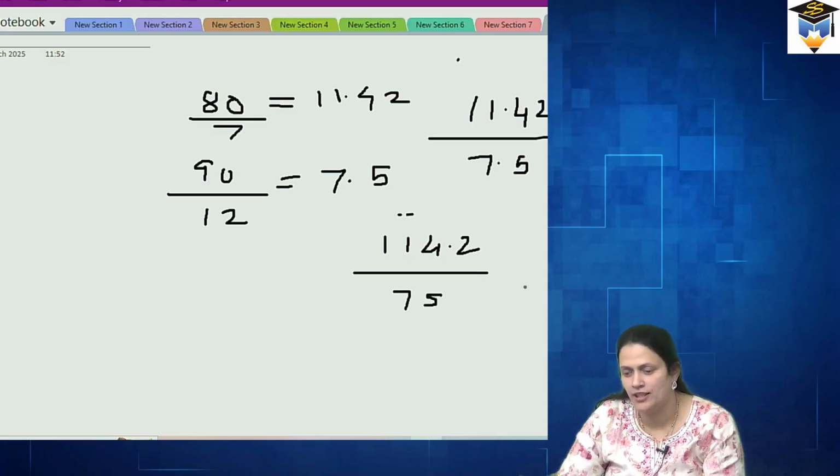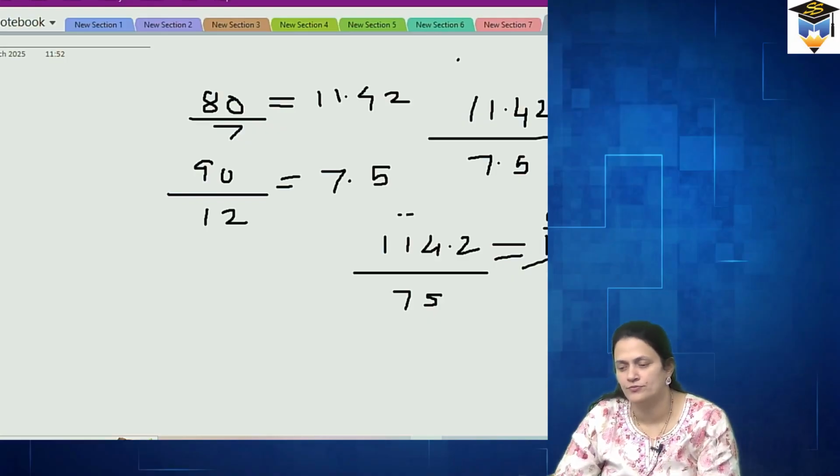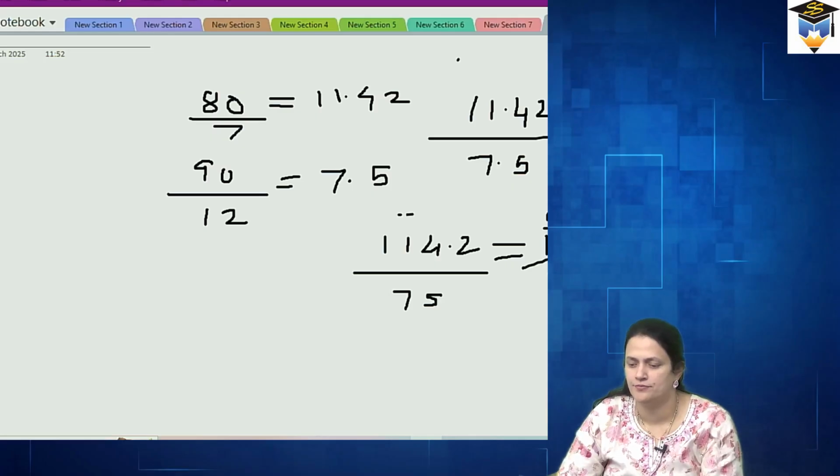Multiplying by 100 and then again by 10, it will be 1142 upon 750. So convert it to the lowest form. Divide by 2. Correct. 375 will come, right?